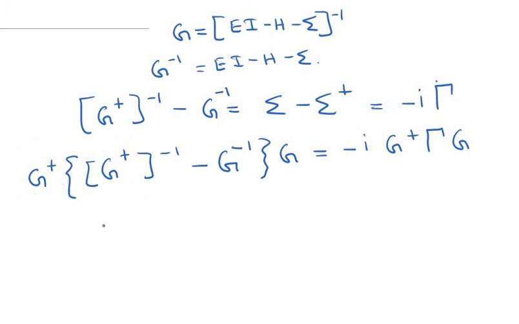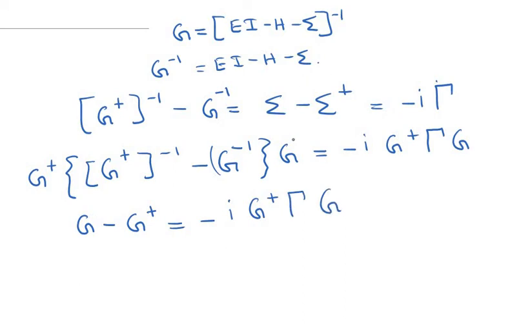So overall it becomes G, and this multiplied by this again becomes the identity matrix. So this becomes G dagger, this becomes equal to i G dagger gamma G.